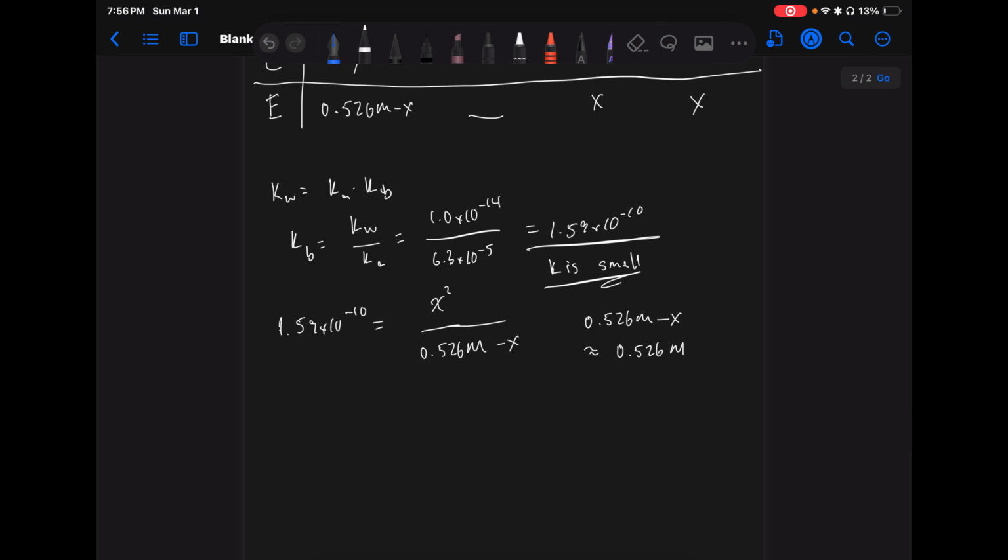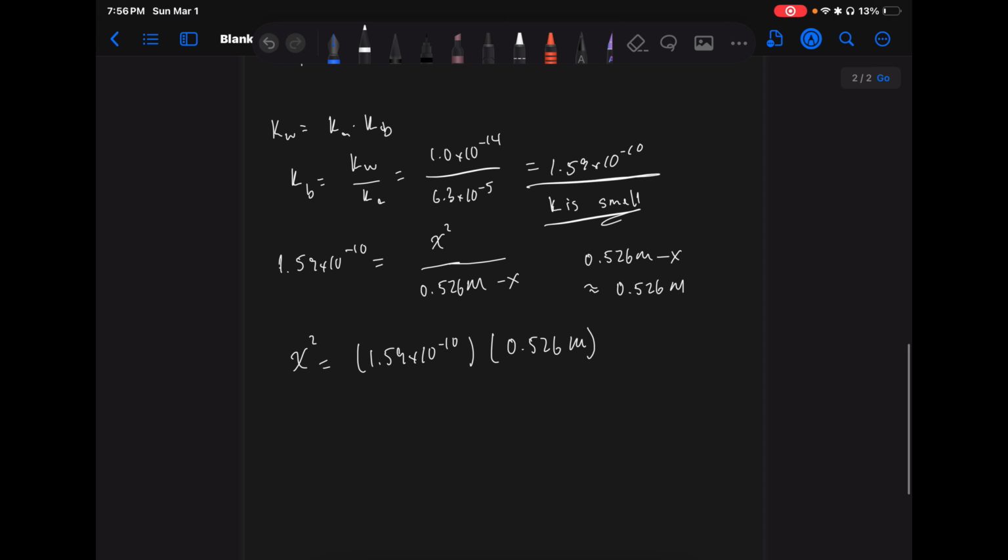If we solve for x, x squared is equal to 1.59 times 10 to the negative 10 multiplied by 0.526 moles. Actually, we can just solve for x in the calculator.